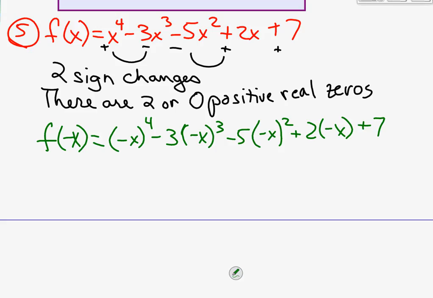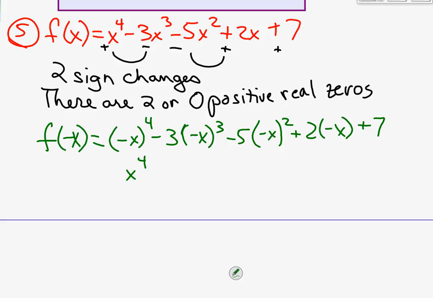looking at it, because sometimes in our minds, do you remember, if it's to an even power, it stays the way it was, right? It doesn't change. If it's to an odd power, it'll change to the opposite. And sometimes people, if you're not actually physically writing it down, you start counting those changes instead of the actual end changes. So a negative to the 4th is going to be positive.